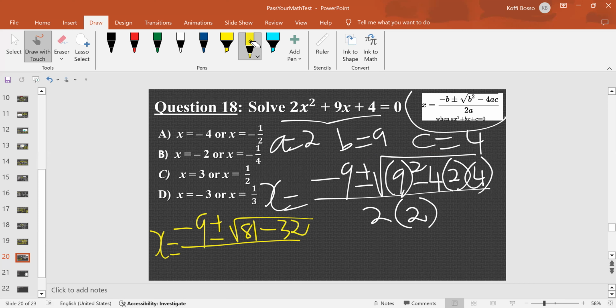Divided by 4. We continue: negative 9 plus minus square root of, what is 81 minus 32? This will be 49. Divided by 4.